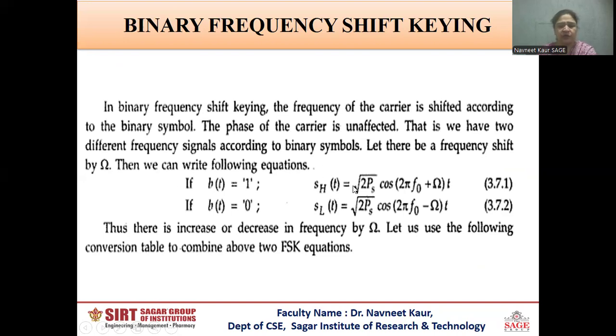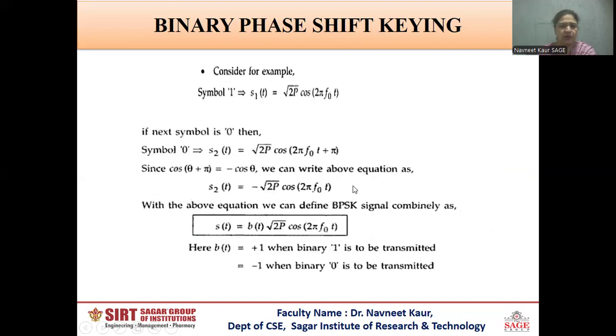Now, we know that the original equation of the carrier signal is root 2P cos 2 pi f naught t, where the angular frequency is 2 pi f naught.